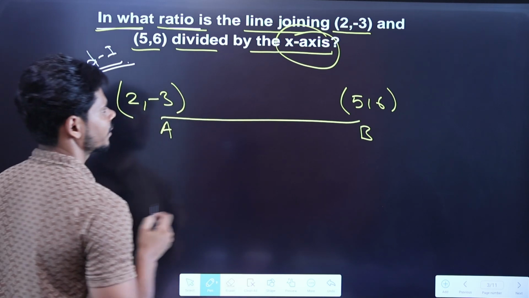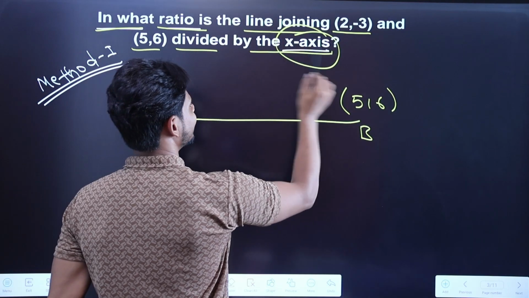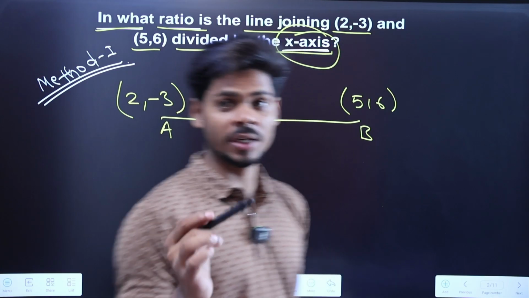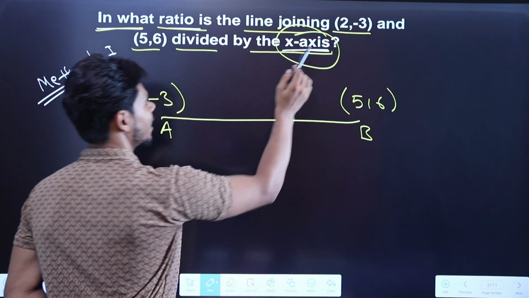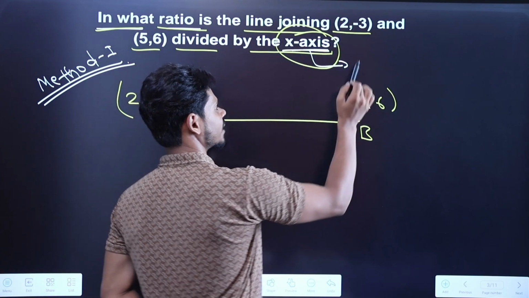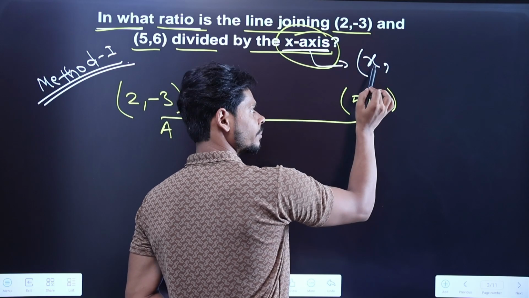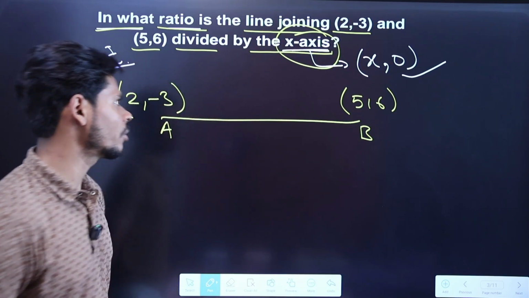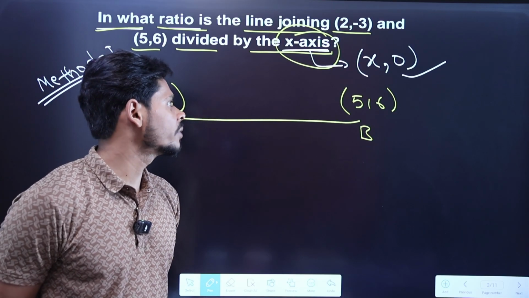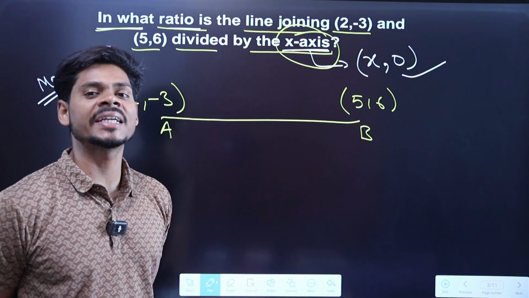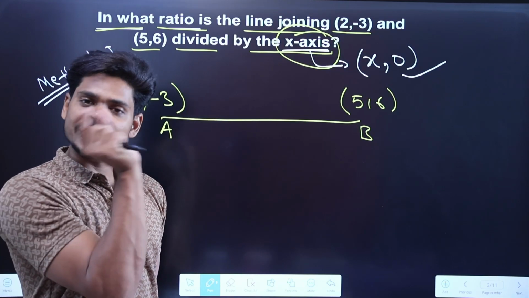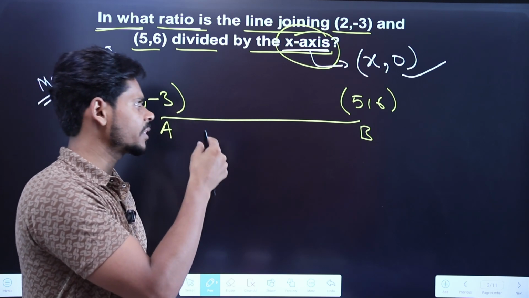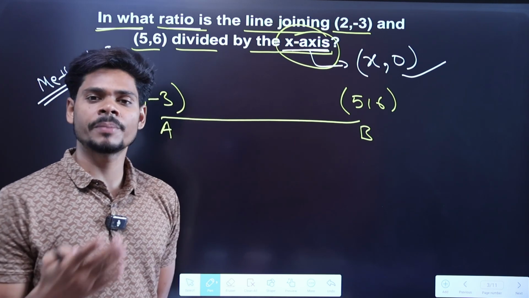Let's say there is a point divided by the x-axis, which means that point must lie on the x-axis. Any point which lies on the x-axis has an x coordinate as some variable or particular number, but y must be 0.